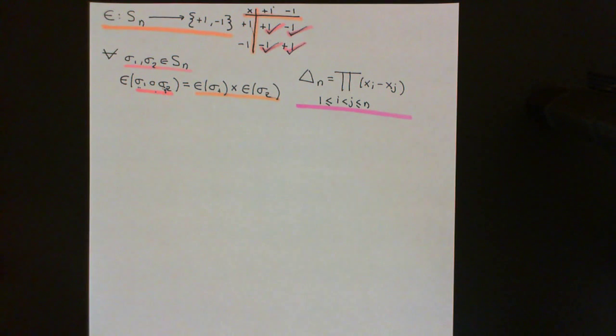Okay, so we've now seen that this sign function is indeed a group homomorphism from the symmetric group on the set of n elements into this group that is isomorphic to the cyclic group on the set of 2 elements containing +1 and -1.